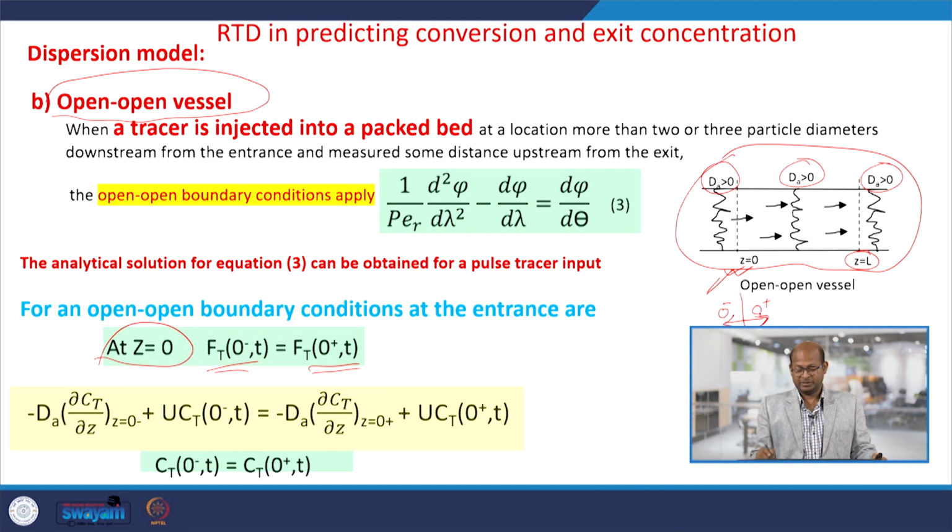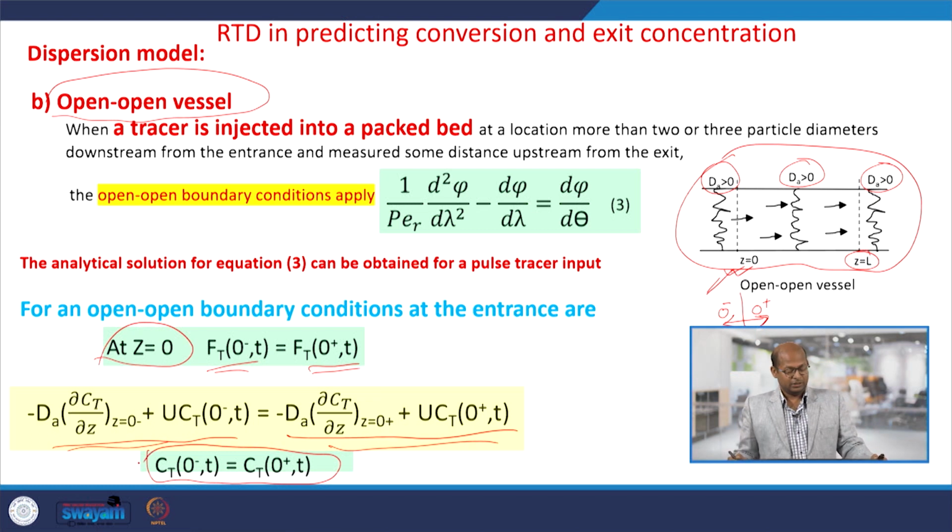At both places there is diffusion or dispersion, with dA greater than 0. So we have to consider that the molar flow rate on the left hand side equals that on the right hand side. If you simplify these equations, then C at 0 minus at time t equals C at 0 plus at time t.